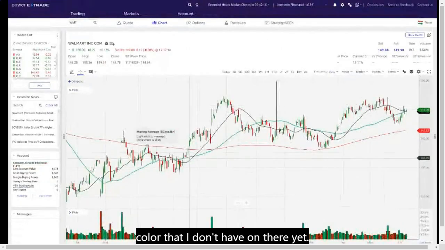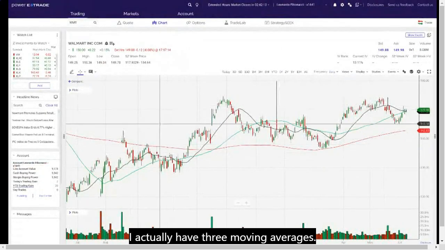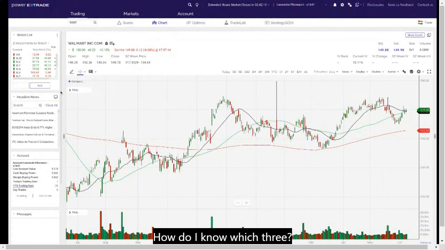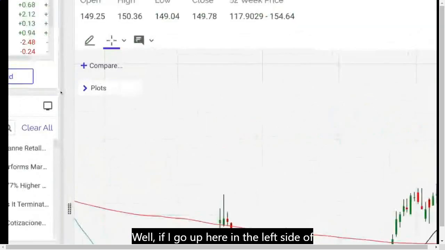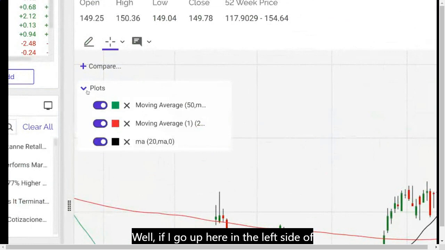So now I actually have 3 moving averages. How do I know which 3? Well, if I go up here on the left side of my chart to plots, I see that I've got 3 moving averages turned on, and I can click on any one of them to get the information on it. But basically, the green is 50, the red is 200, and the black is 20.